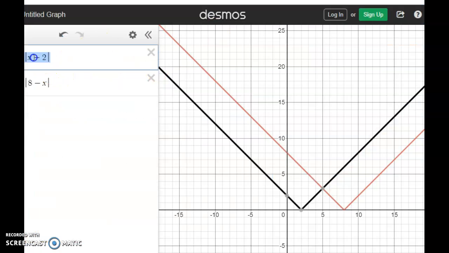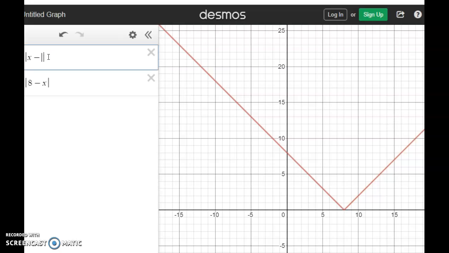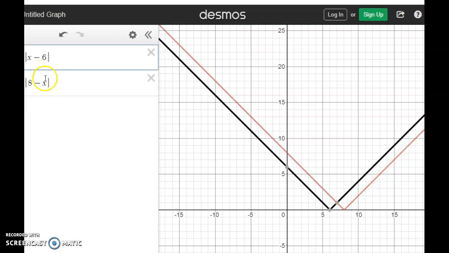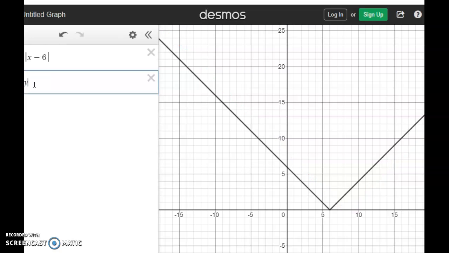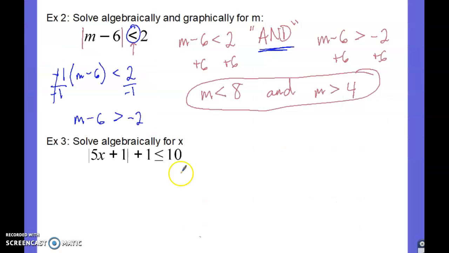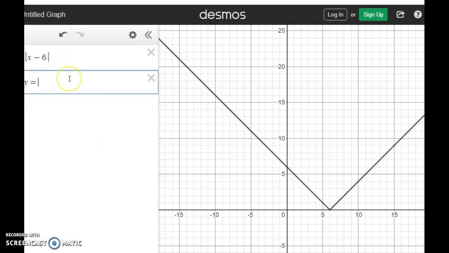Now instead of using m, I'm going to use x. I hope you're okay with that. Absolute value of x minus 6, and y equals 2.